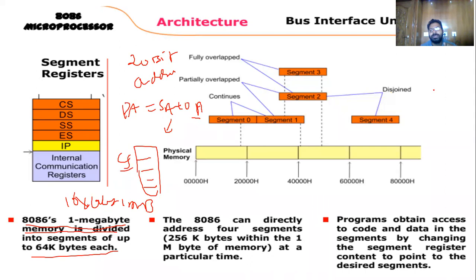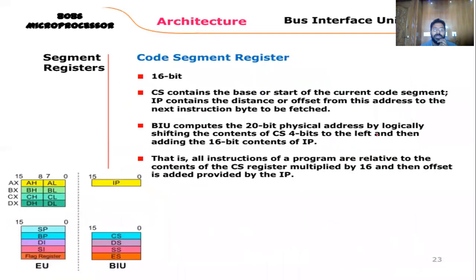Now see this: segment 0, segment 1, segment 2, segment 3, and so on. Then next, the code segment register. The code segment register is a 16-bit register, and there are logically four segment registers in the microprocessor.